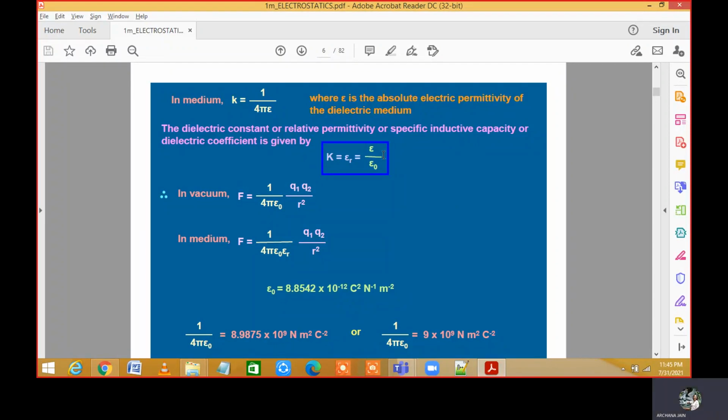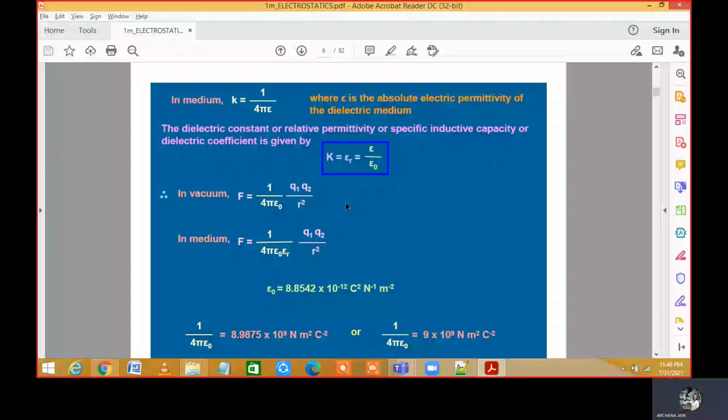It is the ratio of the permittivity of that medium to the permittivity of a vacuum. K is equal to epsilon upon epsilon naught, where epsilon is the permittivity of the medium and epsilon naught is the permittivity of vacuum or free space.